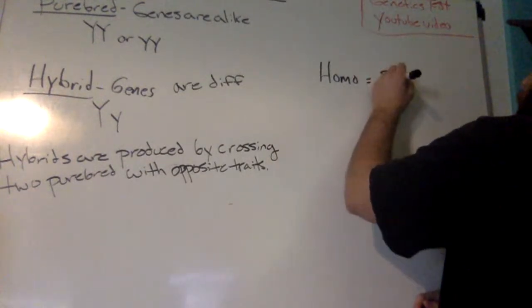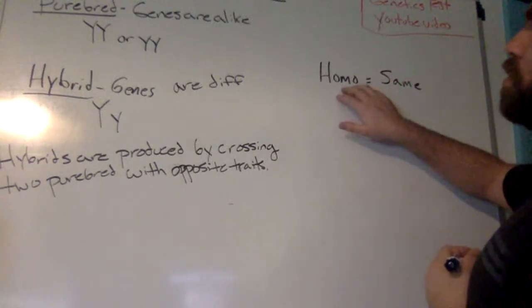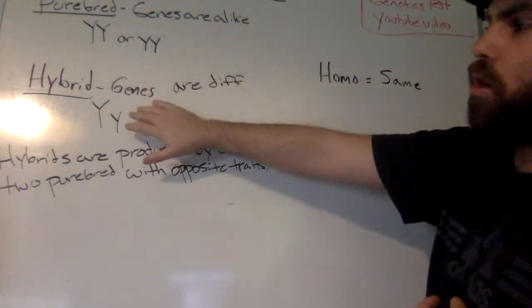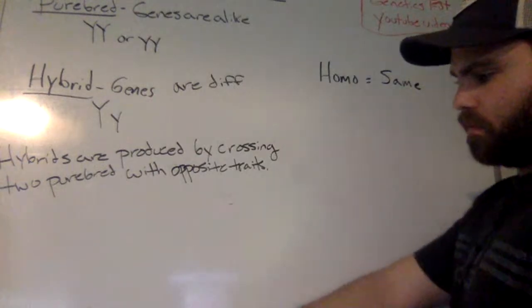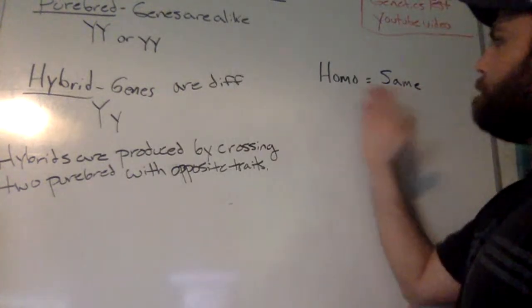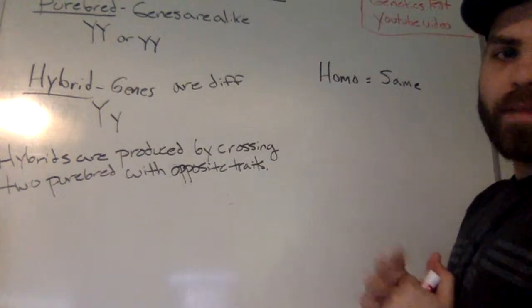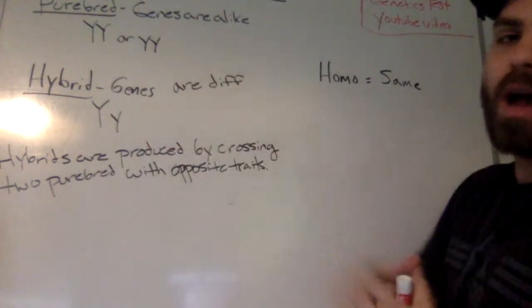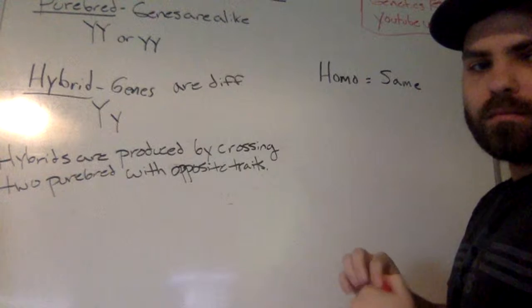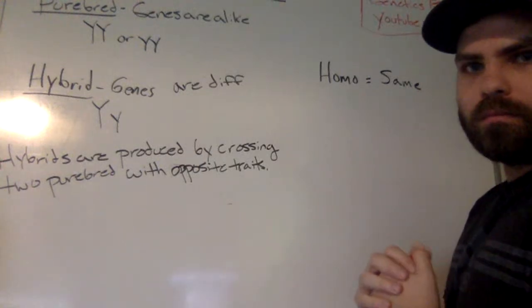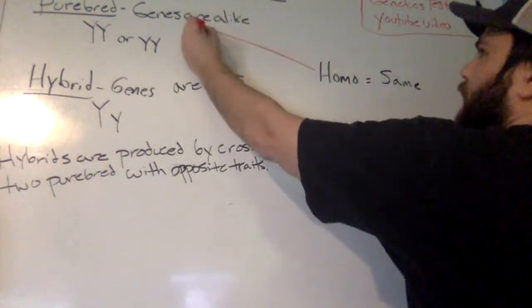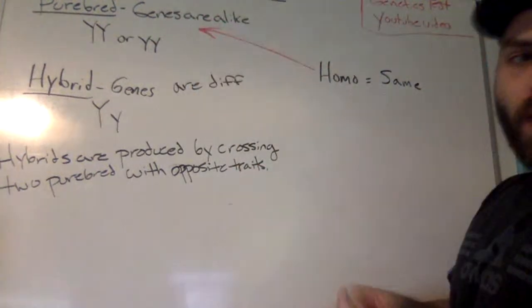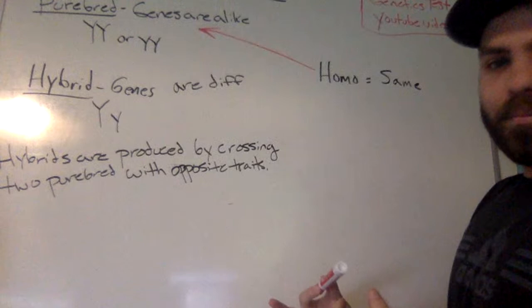Good, right? So we got same. So homozygous, is that a purebred or a hybrid? What would that basically be the same as if we had to match it up with a purebred or a hybrid? Purebred, perfect. So homozygous actually goes with purebred, okay? Because it's going to be the same.